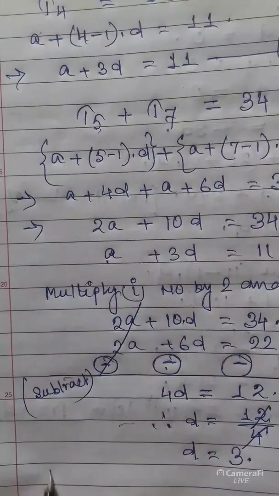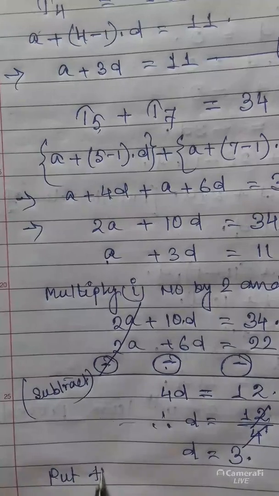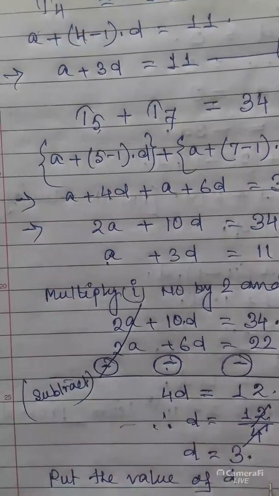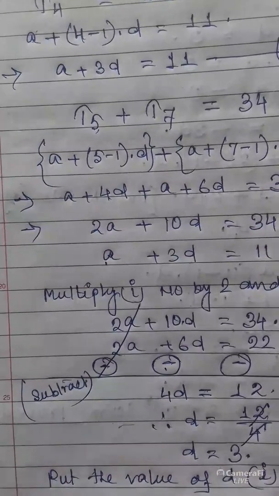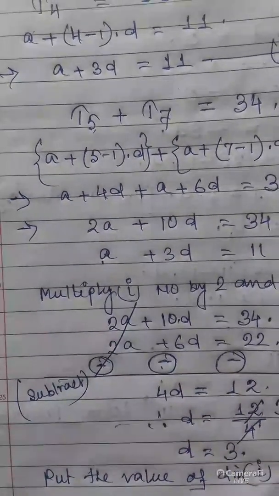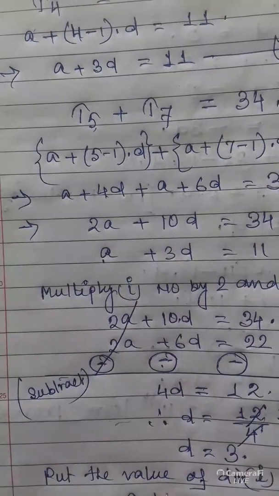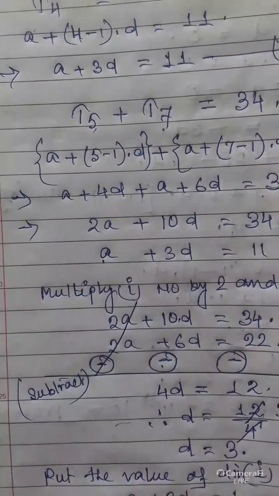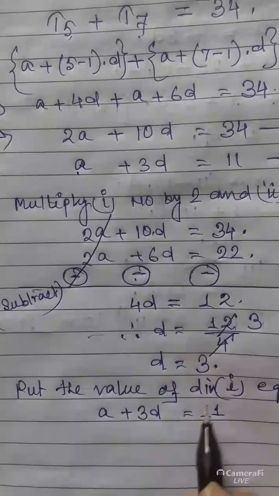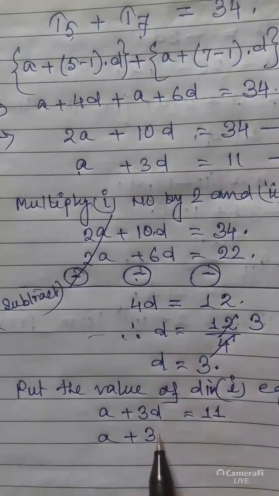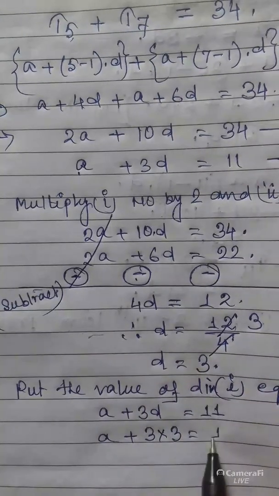Put the value of D in equation 1. Our equation 1 is A plus 3D equals 11. So A plus 3 into 3 equals 11.